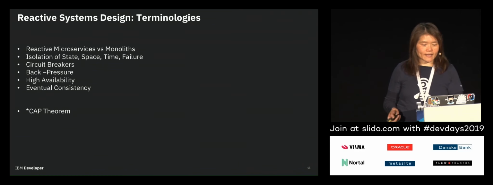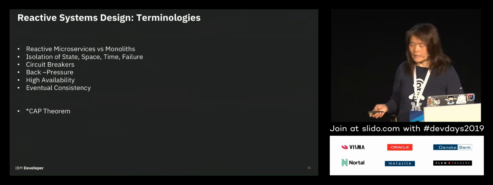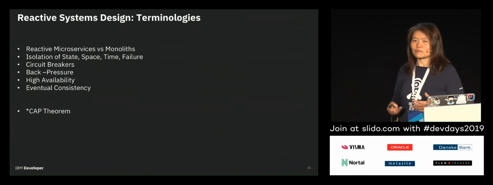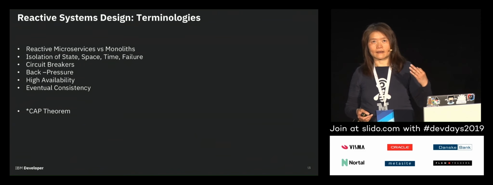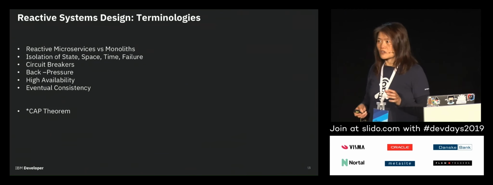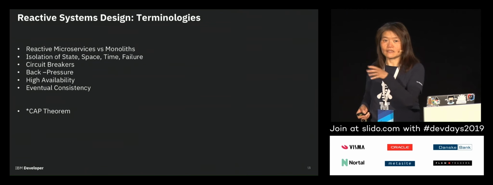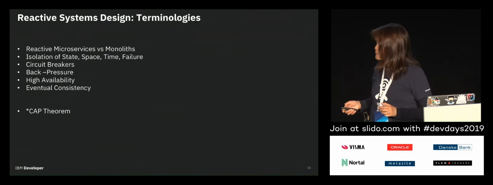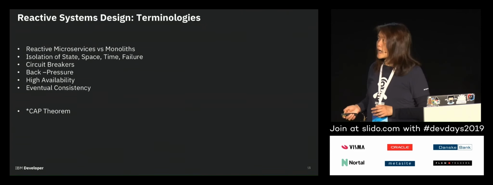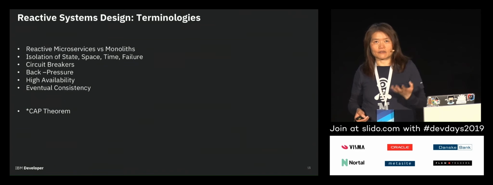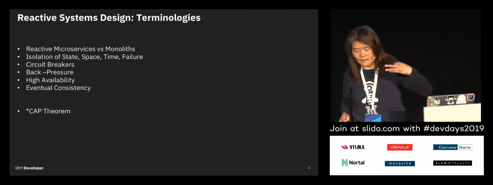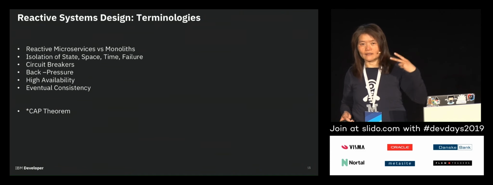And then there's also high availability and eventual consistency, and also the CAP theorem, which I just want to quickly bring up. The CAP theorem talks about three aspects of any data system: network partition, high availability, meaning data availability at all times and quick response, and consistency. The CAP theorem basically says that of these three aspects of any data-intensive system, only two can happen at the same time.